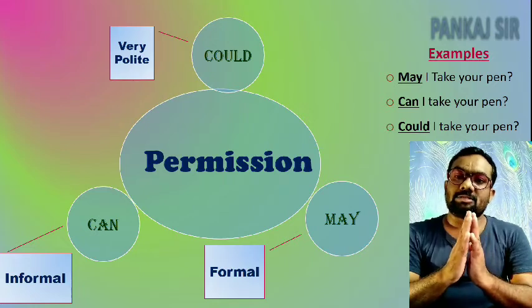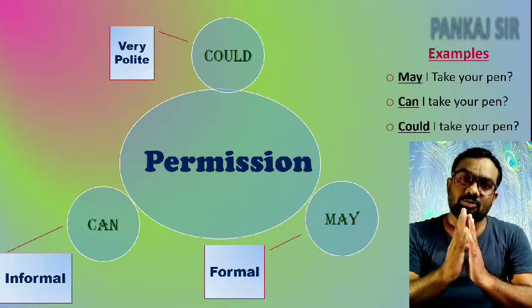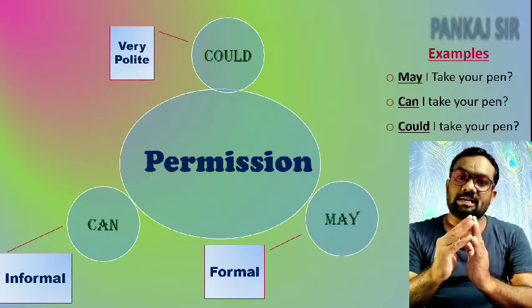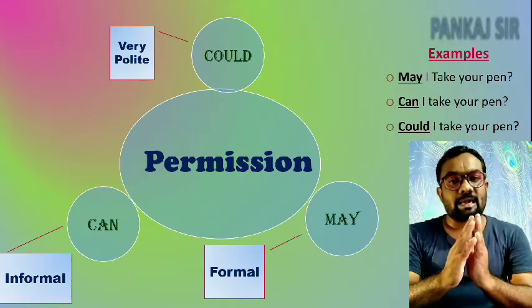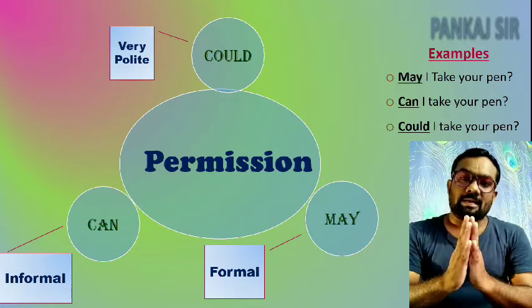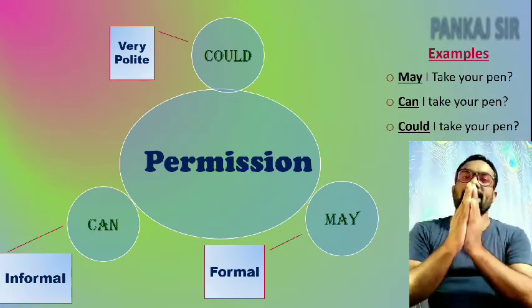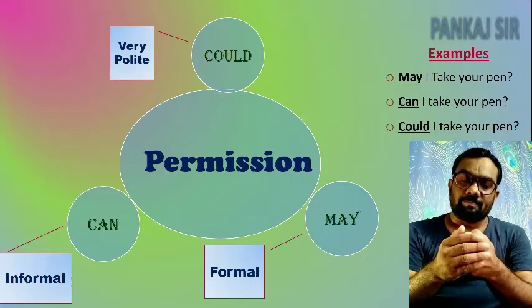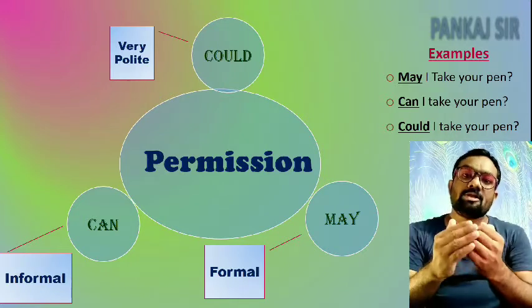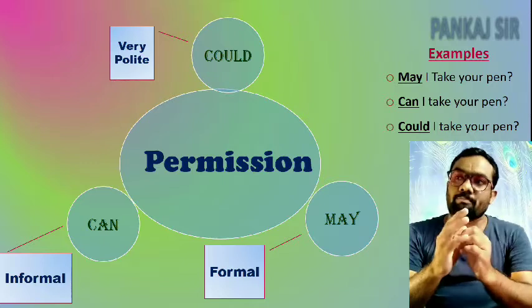Can is used for informal permission, to our siblings or friends or people of a similar age. When we are asking something, we can use can. That is for a very informal kind of use. And for the formal use, when we are asking any kind of permission from our teachers, our principal, or some official person, for that we use may.